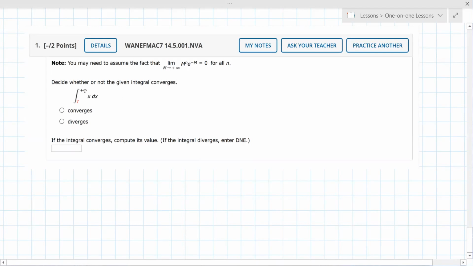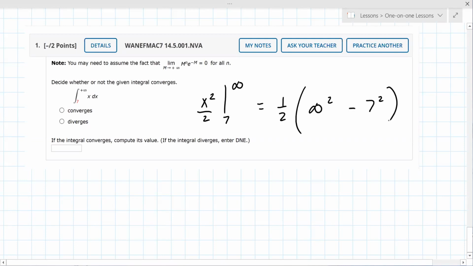There's some notation that you're supposed to do, but I don't want to really deal with that with you because it's not really that important. The antiderivative of x is x squared over 2, and you're evaluating it from 7 to infinity. What I'm about to show you is not the right notation, but it's effective. So it's 1/2 infinity squared minus 7 squared.